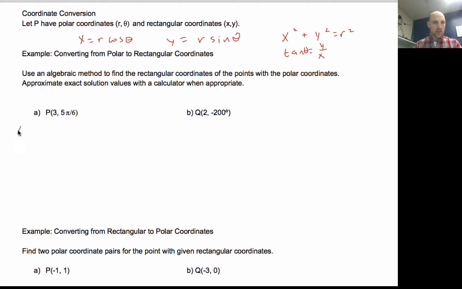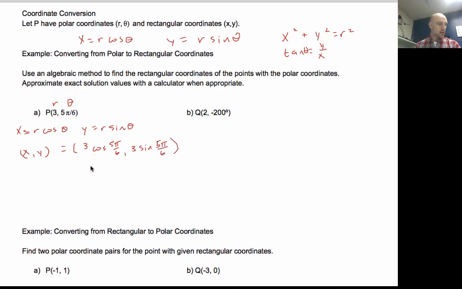So if x is equal to r cosine theta and y is equal to r sine theta, and this is r and this is theta, x comma y is going to be equal to 3 cosine 5 pi over 6, comma, 3 sine 5 pi over 6.